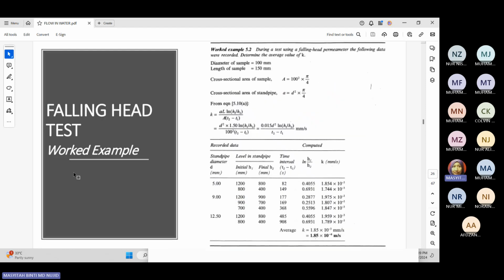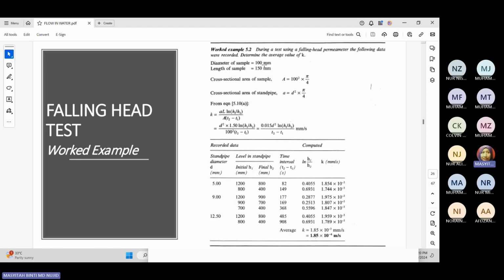Okay, one example for the falling head test here: if you look, the diameter of the sample is given, length of sample is given, cross-sectional area of the sample is also given, cross-sectional area of the standpipe in this formula. Why is D put there, not a specific diameter?